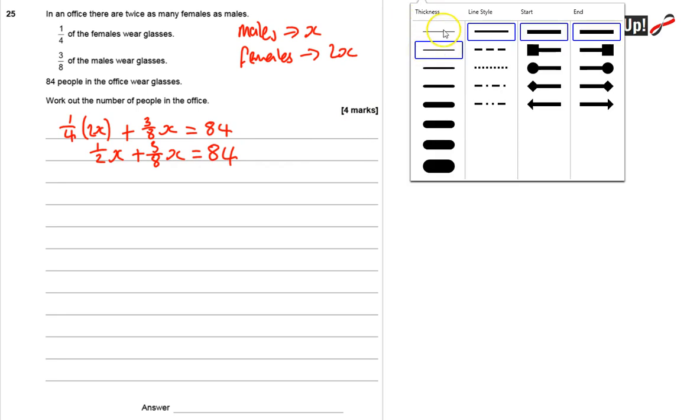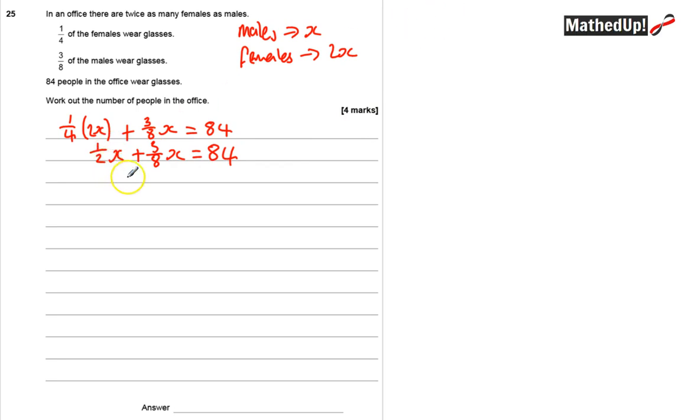Okay, so if I multiply everything by 8, that will get rid of all of the fractions. So 1/2 times 8 is going to be 4x. 3/8 x times 8 is going to be 3x. And 84 times 8 is going to be 672.